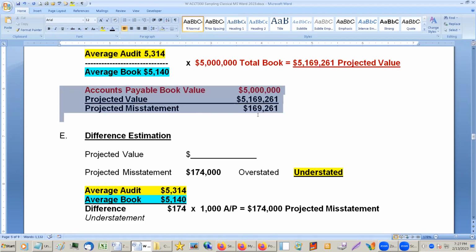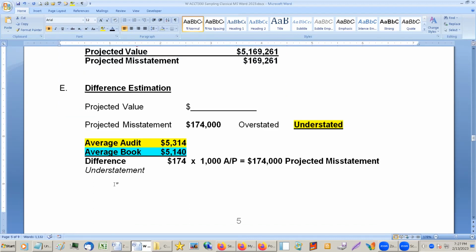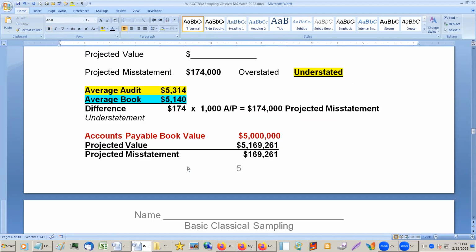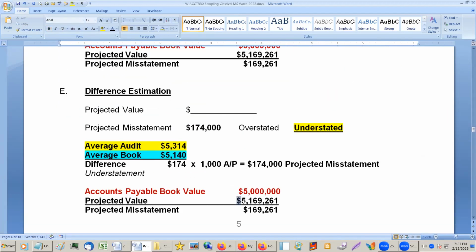Now, here's the wacky part. We have to back into our projected value. So this is 174,000. And so the projected value, if this is understated, this would mean this would have to be what?